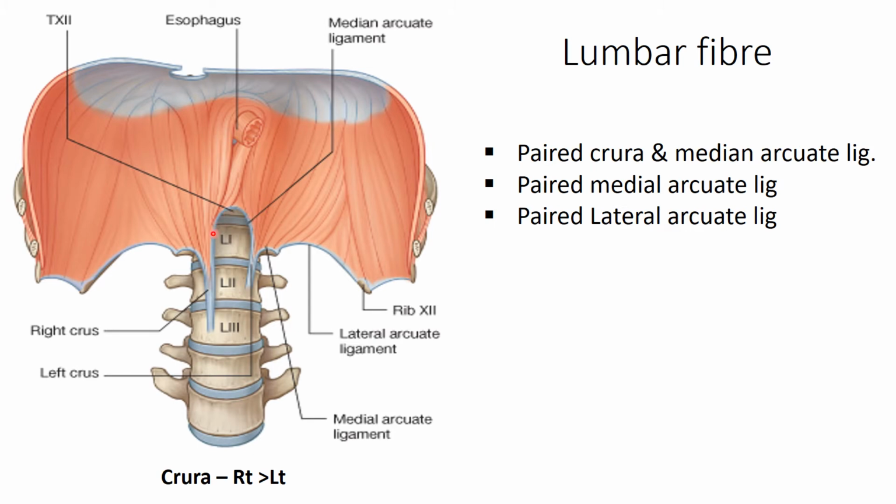So this median arcuate ligament lies just anterior to the passage of the abdominal aorta. Now the right crus of the diaphragm gives a sling-like continuation towards the esophageal opening, and these sling-like muscular fibers contribute to the lower esophageal sphincter tone.